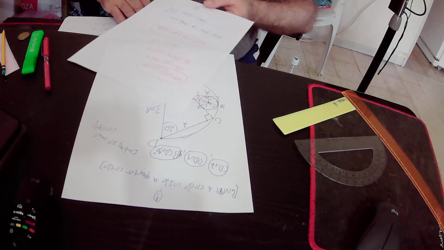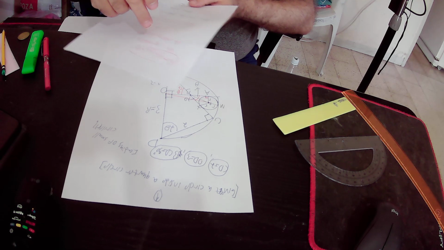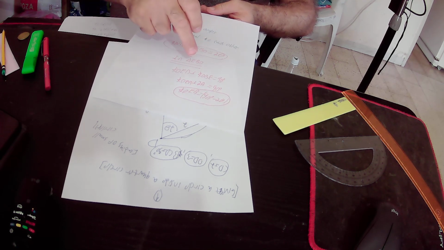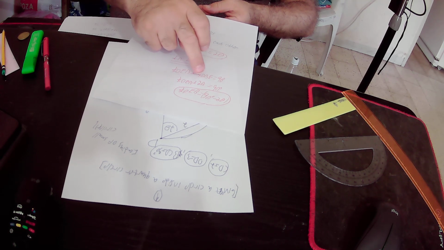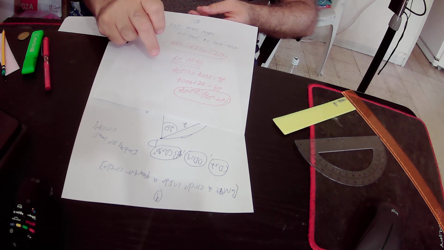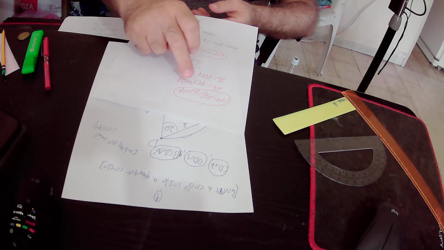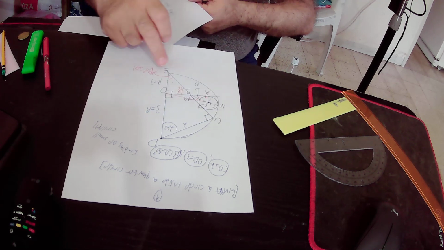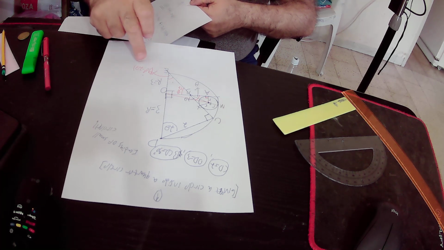But we know that angle OBE equals 2 theta. So we can substitute angle OBE by 2 theta, and we get that angle OEB plus 2 theta equals 90 degrees. We subtracted 2 theta from this equality, and we got that angle OEB equals 90 degrees minus 2 theta.